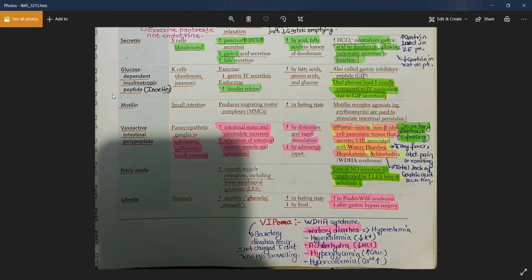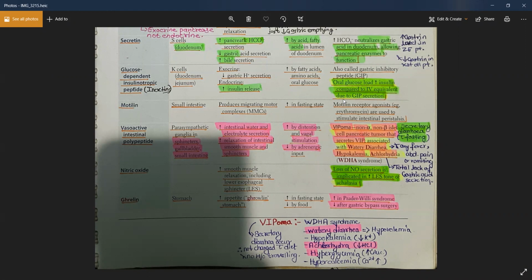Because in case of oral glucose, the GIPs will also be released, and these GIPs will further stimulate the insulin release. But if you take the IV route, then glucose won't enter the stomach, it won't enter the intestine. And if it does not reach the intestine, then these GIPs and the GLPs won't be released, and as a result, you won't get an increased insulin secretion.